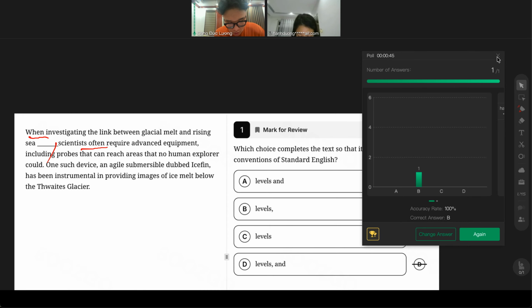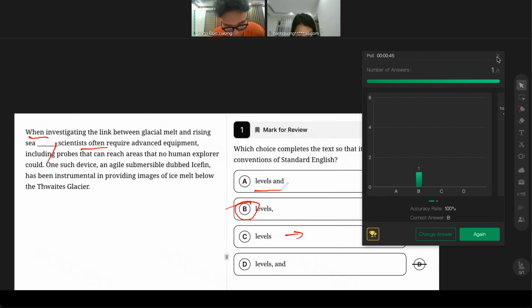So B is the correct answer. If you do not use any punctuation between those clauses, it will be a run-on error.